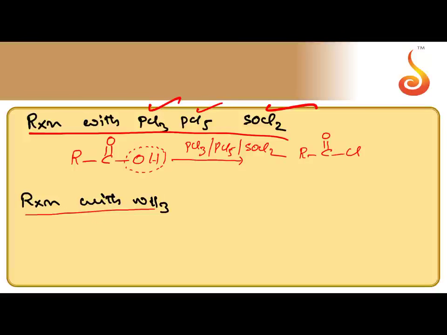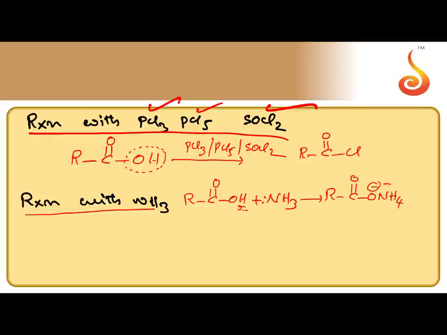Next one, reaction with ammonia. First neutralization reaction takes place. RCOOH. When it is reacted with ammonia, what happens? H plus is donated by acid. Ammonia takes H plus because of the lone pair at nitrogen. This is neutralization reaction. RCOO minus, it becomes carboxylate.